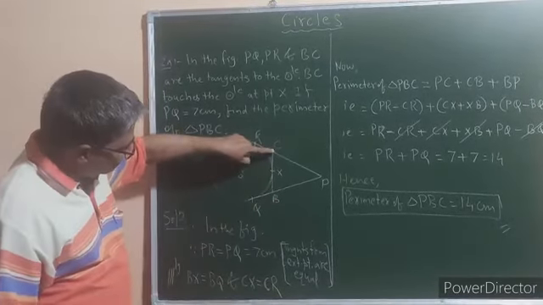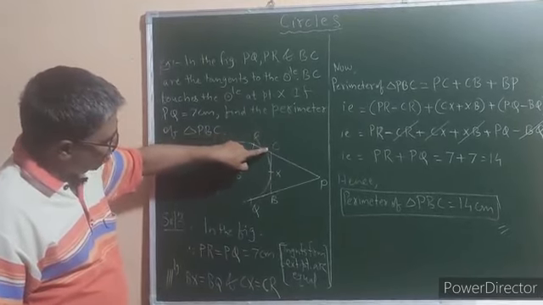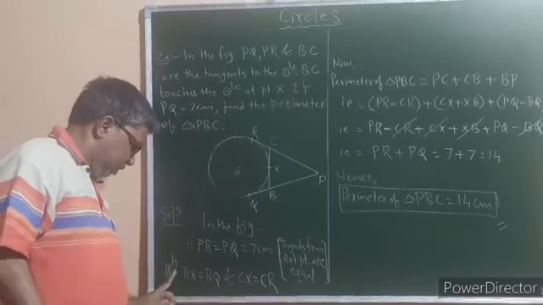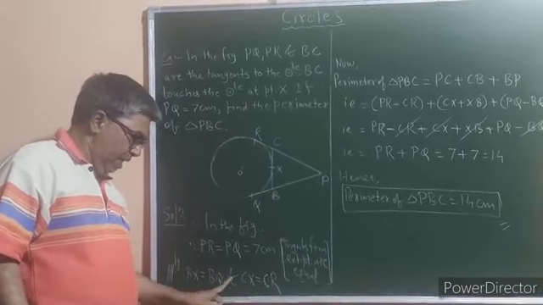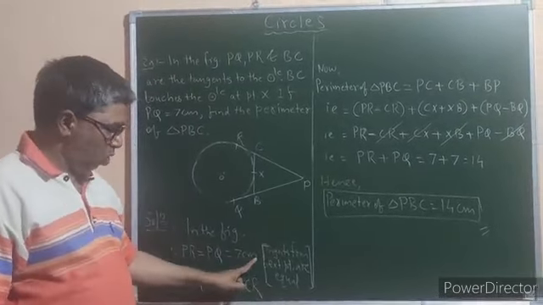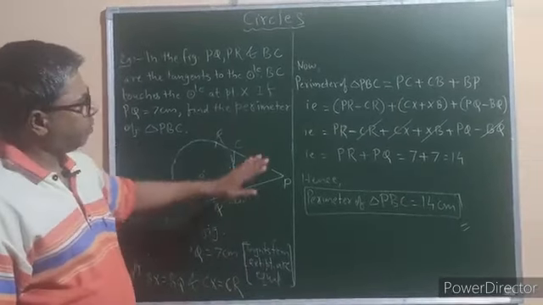In the same way, CX and CR are also equal, because these two are the tangents drawn from external point C. So similarly, BX is equal to BQ and CX is equal to CR, and the reason is tangents drawn from an external point to the circle are equal.